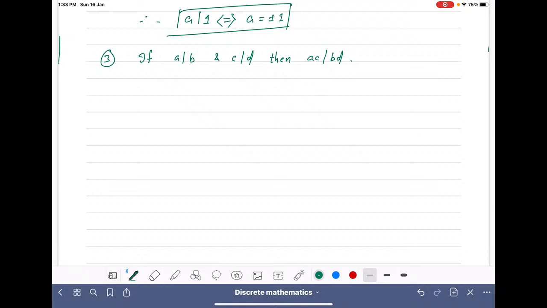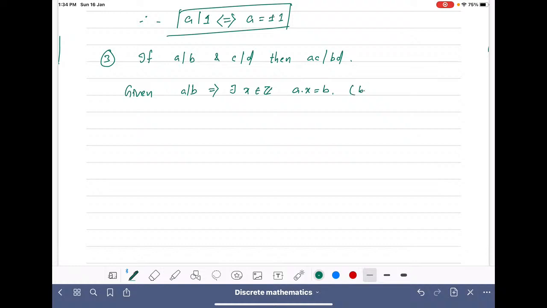This is also pretty straightforward. The object of doing these proofs is to know how to use the definition of divisibility. So given a divides b means there exists an integer x such that a dot x is equal to b.